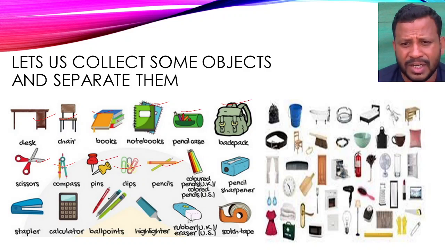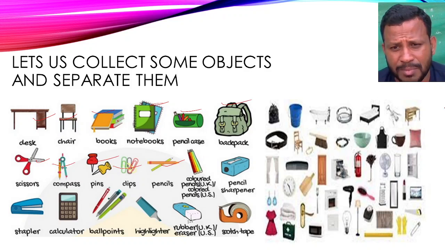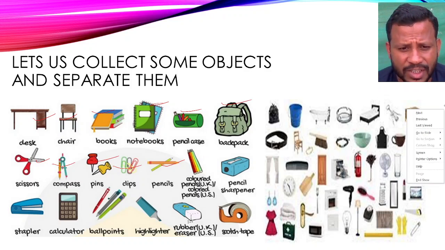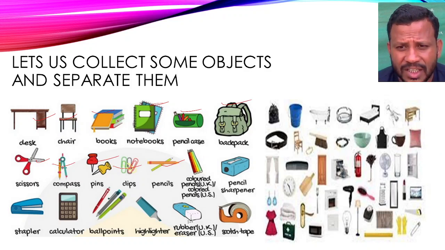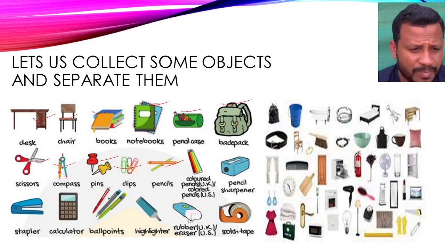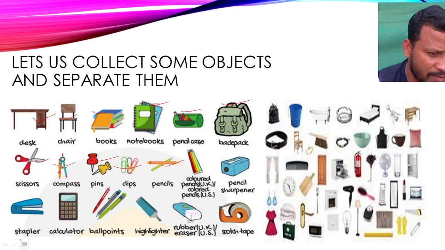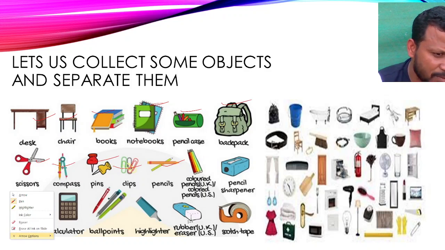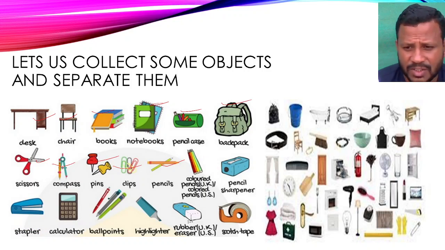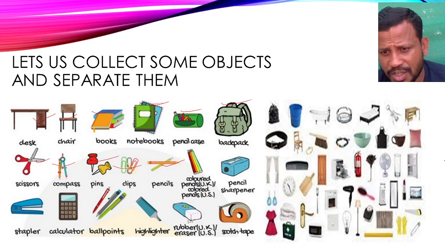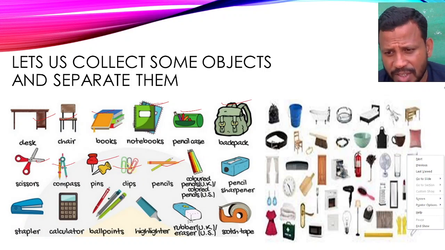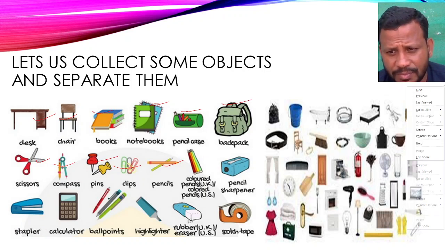A lot of items are here. In the second picture we see a lot of things: glasses, a bed, and different types of items, for example a dryer and an extinguisher.